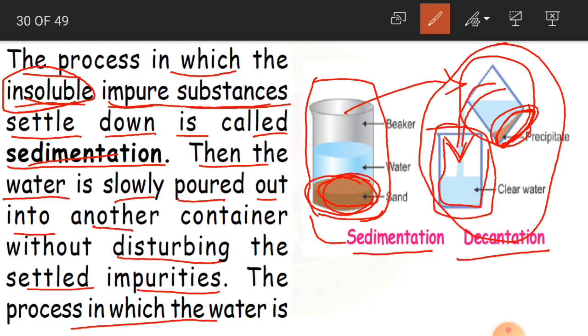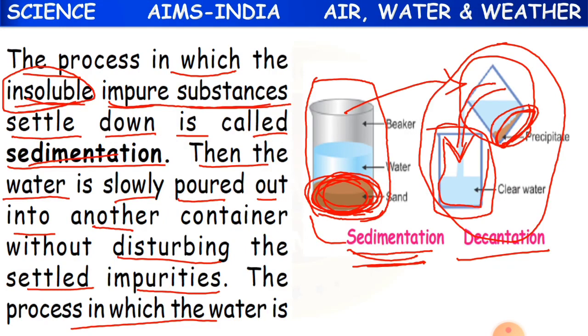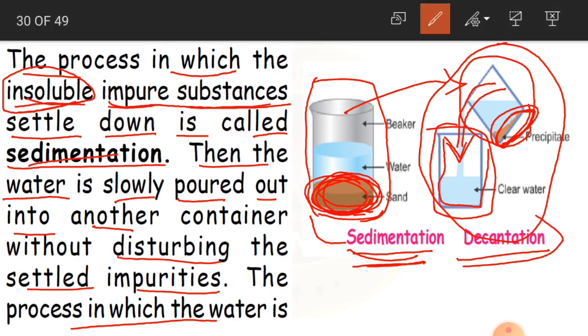So I'll just repeat once again. Where all the insoluble impure substances settle down in the water is called sedimentation, and the process in which the water is gently poured out after sedimentation is called decantation.